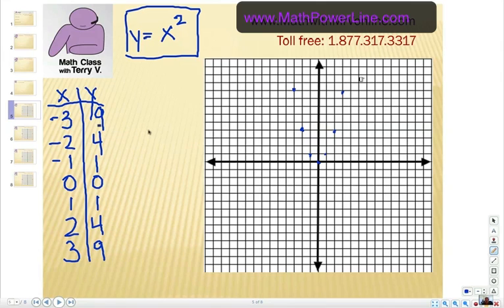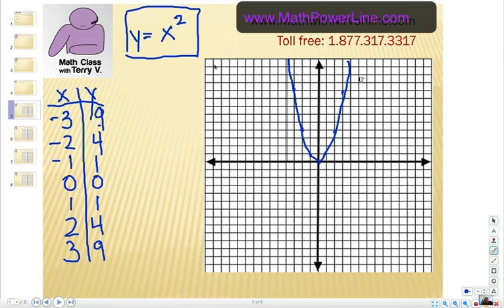So on our graph, we have a U-shaped parabola. So I'm going to attempt to draw it here, connect the dots, and every point along this line solves that equation. So a typical shape here for a quadratic, which is a second degree function, y equals x squared. So that's the parent function.